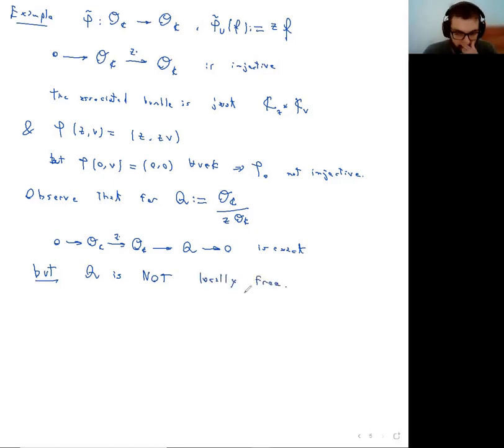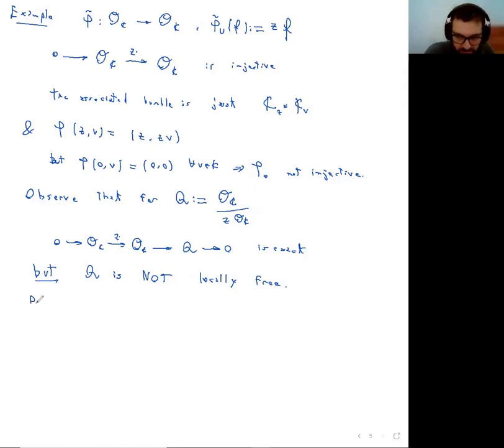I think that's the really interesting part. Remember that for a quotient, the stalk of the quotient is the quotient of the stalks. So you can see that here the stalk is always 0 besides at 0, where it is C. So it's not locally free.